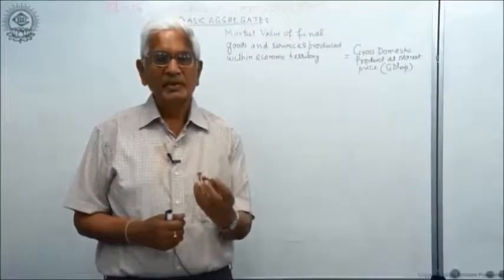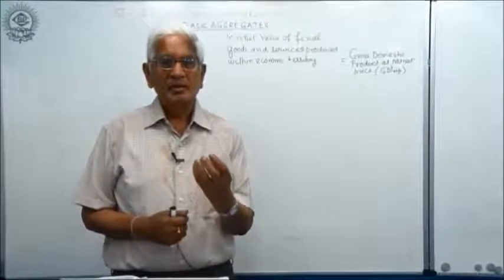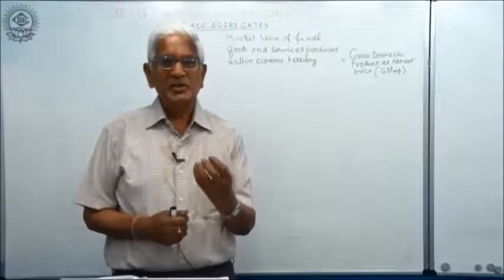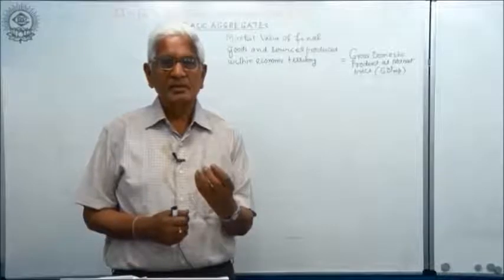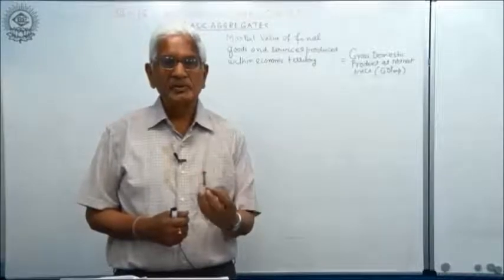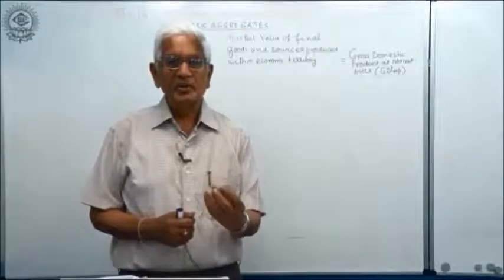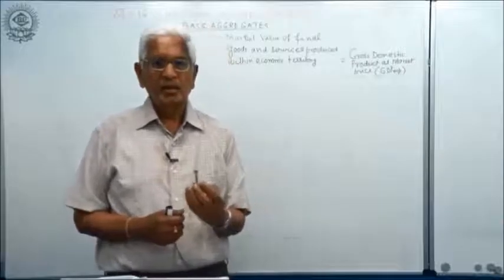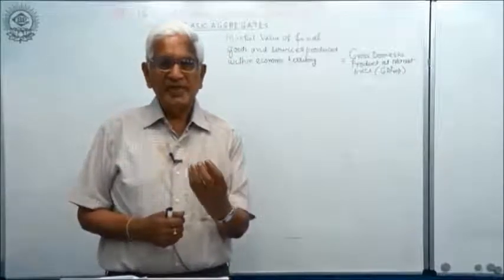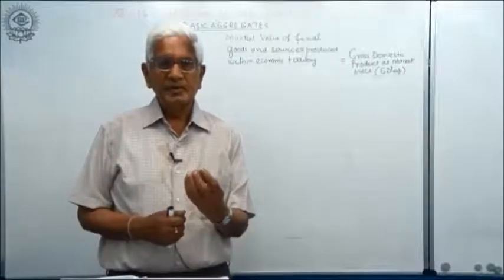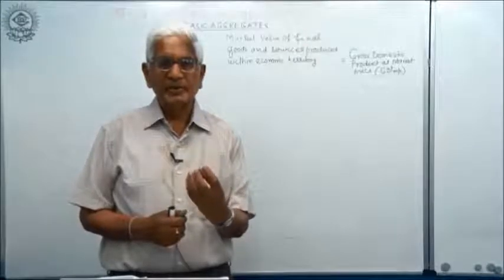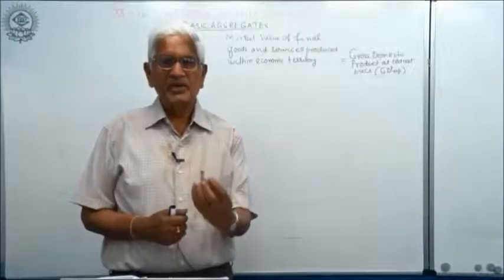But actually GDP is not just one concept. It may be at market price, it may be at factor cost. But first we will take up the first basic concept in measurement of national income.